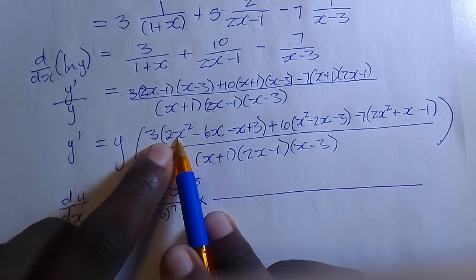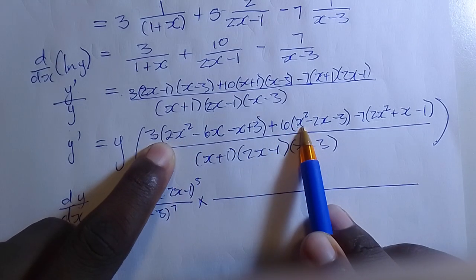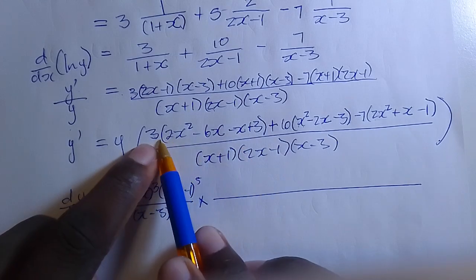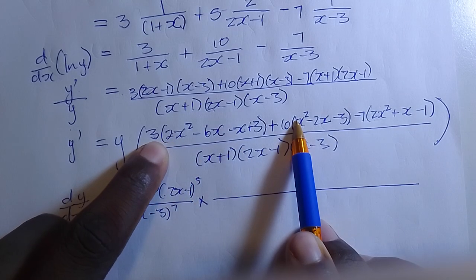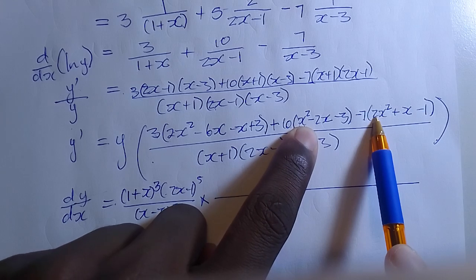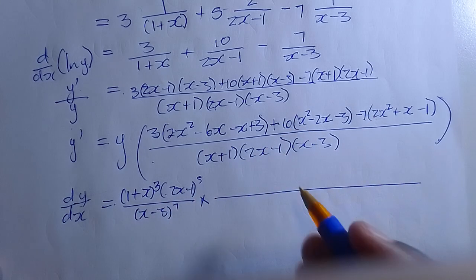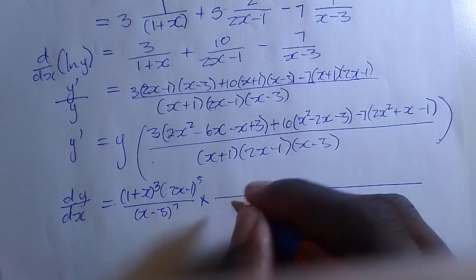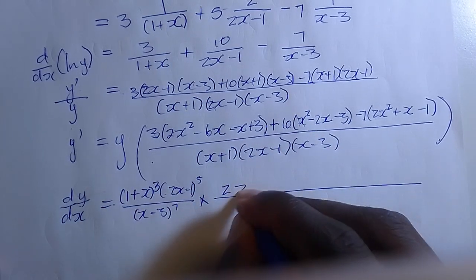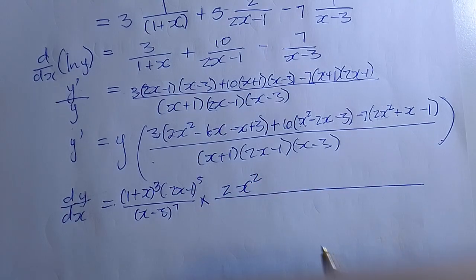This will give us 6x squared. This is 10x squared. This is minus 14x squared. This is 16x squared. If you minus 14x squared from that, you have 2x squared.